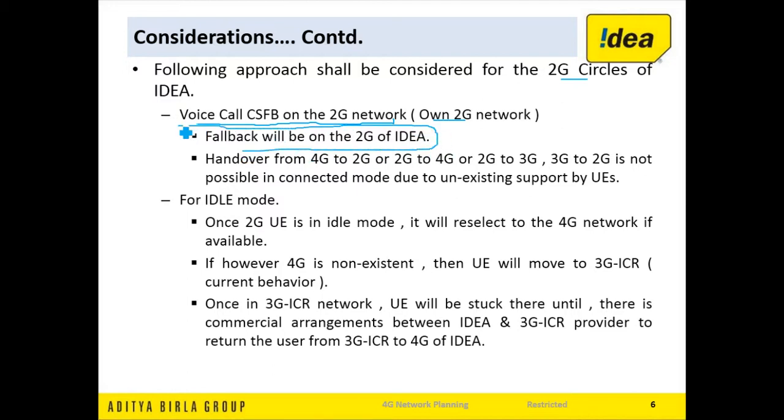One can argue: why are we recommending a fallback to a 2G network here, when for our 3G circles we recommended falling back to the 3G network? There are two prime reasons. One is that in order to do a fallback, a lot of things need to be done by the 3G provider of that circle.